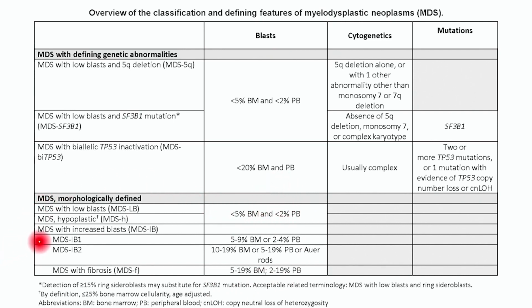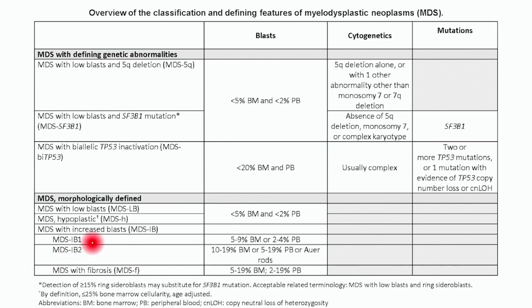And we have MDS with increased blasts, and now we call it MDS increased blasts 1 and 2 instead of excess blasts 1 or 2 in the last edition. They retained the same cutoff of blast percentage as the last edition, and also presence of Auer rods in the peripheral blood for increased blasts 2.